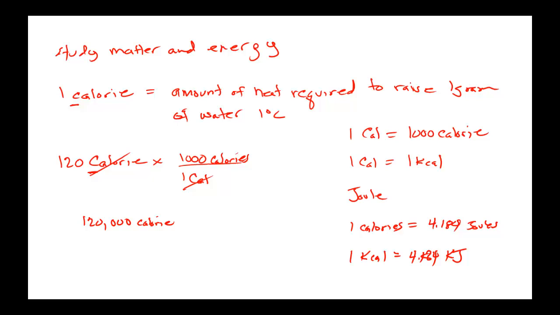So somebody said, well, how many kilojoules was in this serving of your cereal this morning? What I would do here is say that 1 small case calorie is equal to 4.184 joules.